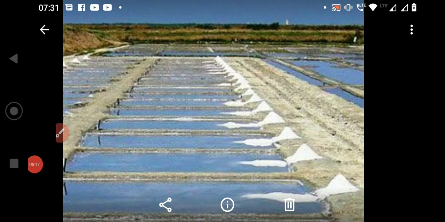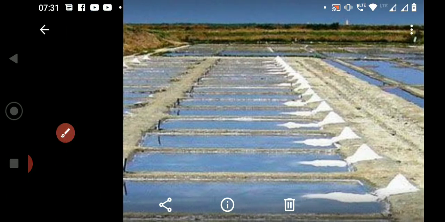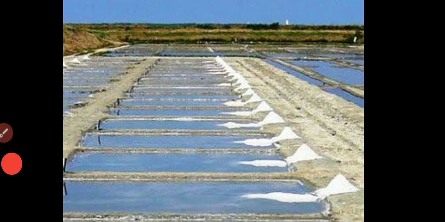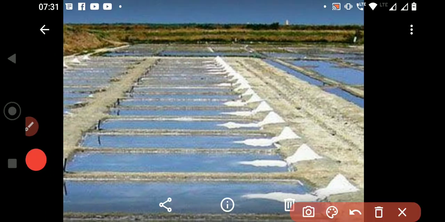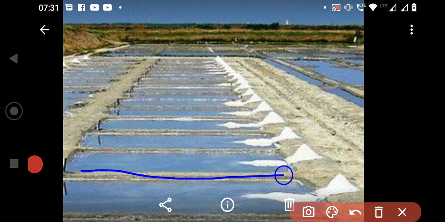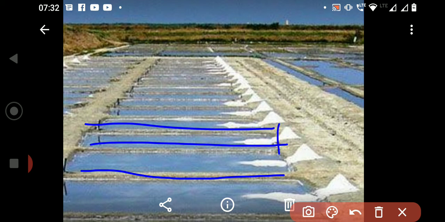Here in the diagram you will see how water is allowed to rest. They are collecting the water, and can you see this sand, and they have made a square box-like thing to collect the water into it.